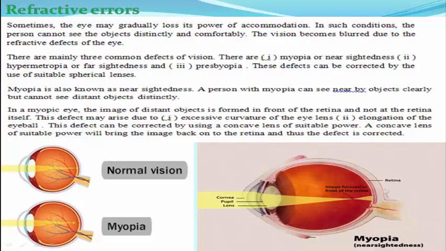This defect can be corrected by using a concave lens of suitable power. A concave lens of suitable power will bring the image back onto the retina and thus the defect is corrected.